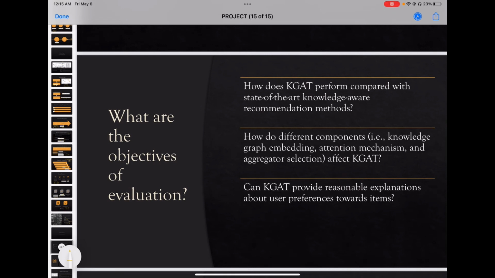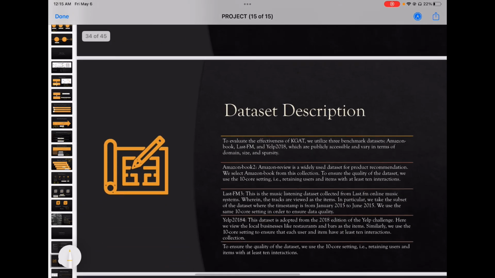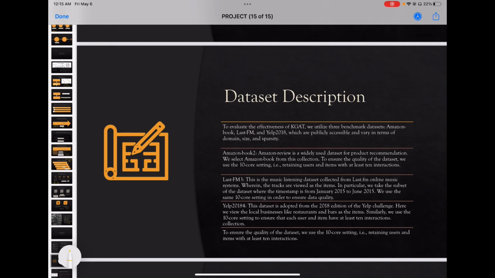In these experiments, the objectives of evaluation are: how KGAT performs compared with state-of-the-art knowledge-aware recommendation methods; how different components like knowledge graph embedding, attention mechanism, and aggregator selection affect KGAT; and whether KGAT can provide reasonable explanation about user preference towards items. The next thing that we see is the description of the data sets that have been chosen in the paper.